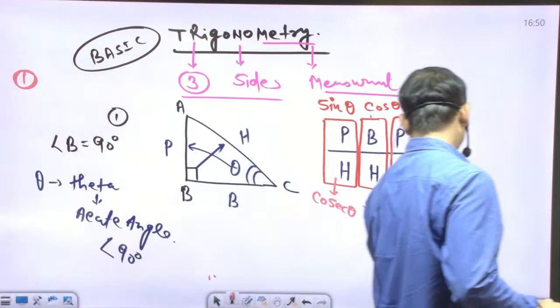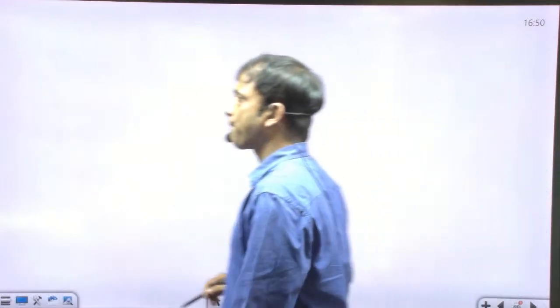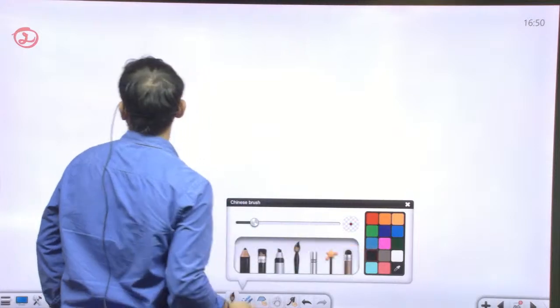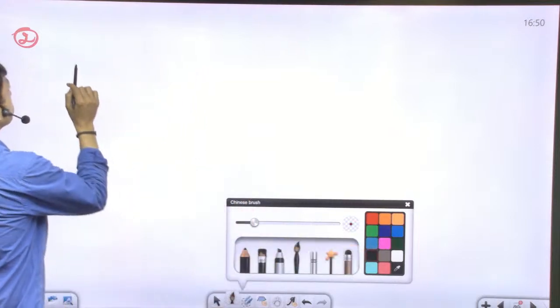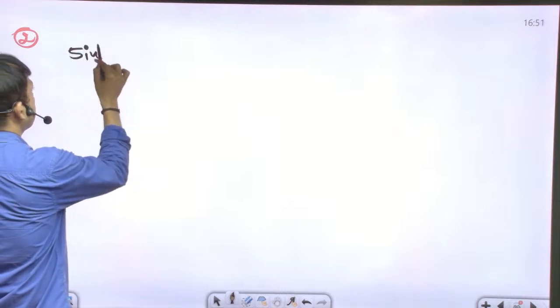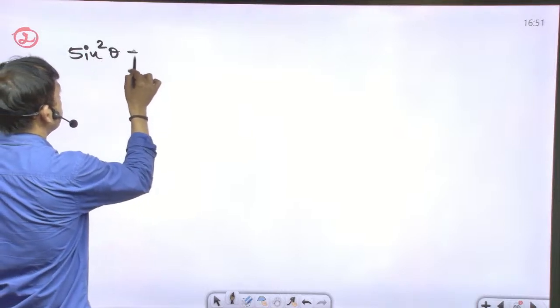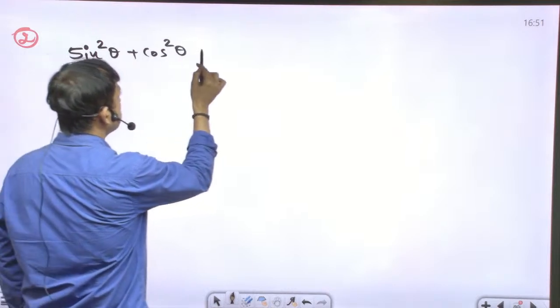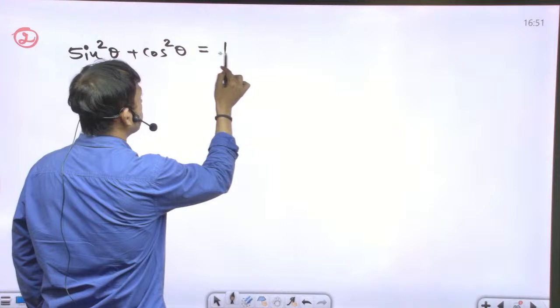Now take the second page of trigonometry. Always, sine square theta plus cos square theta is equal to 1.